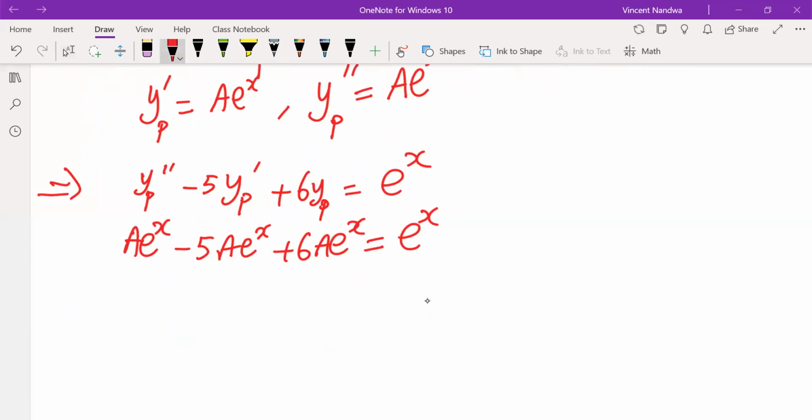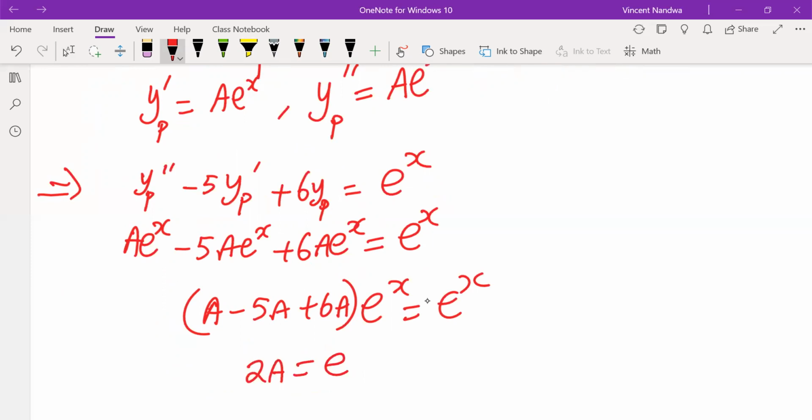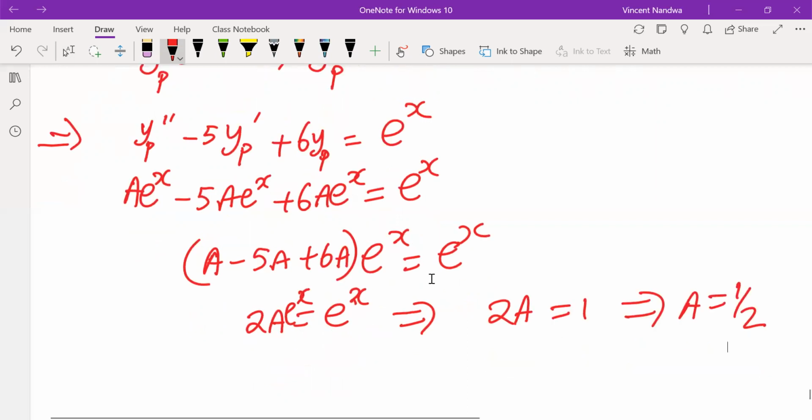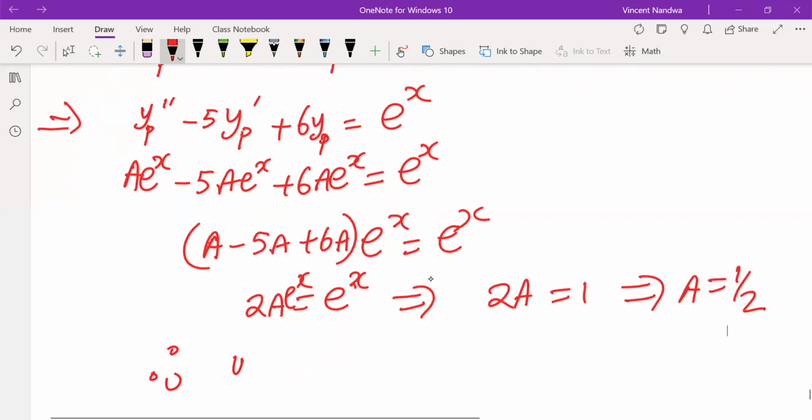So this will give us a minus 5a plus 6a, times e raised to power x, equals e raised to power x. 7a minus 5a is 2a, so 2a equals 1, because the coefficient of e raised to power x is 1. Which means a is a half. So therefore, yp of x is a half e raised to power x.